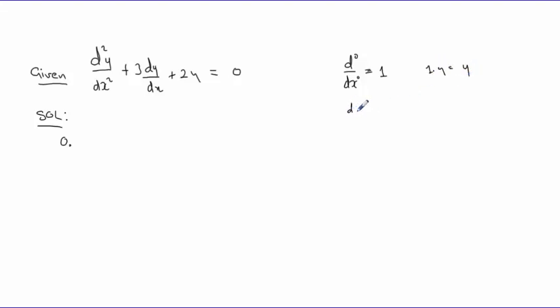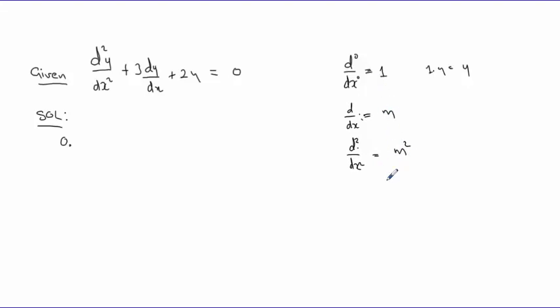Then the first order differential operator d, we set as a parameter m, and in this particular case d2/dx2, we set as a parameter m squared.